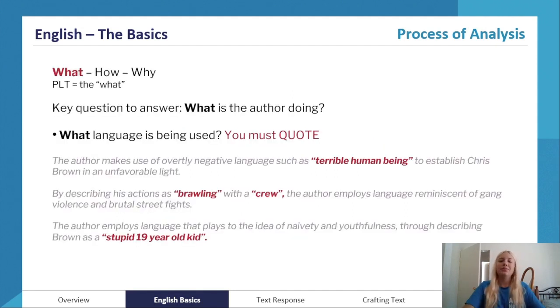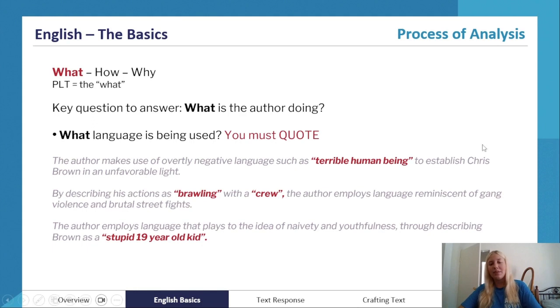So the what is where you ask, what is the author doing? The language that's being used, and you must quote it, name the technique if there's a technique, there should be in language analysis. So as an example, the author makes use of overtly negative language, such as terrible human being, to establish Chris Brown in an unfavorable light.